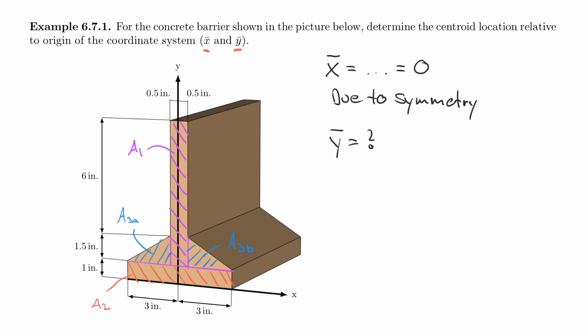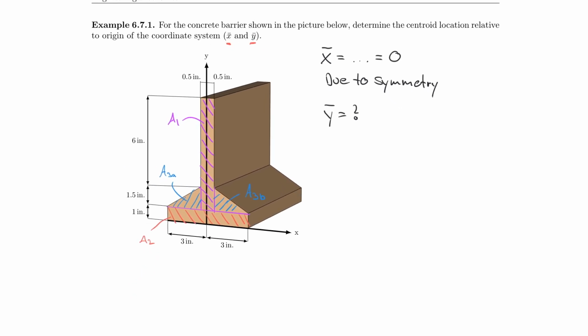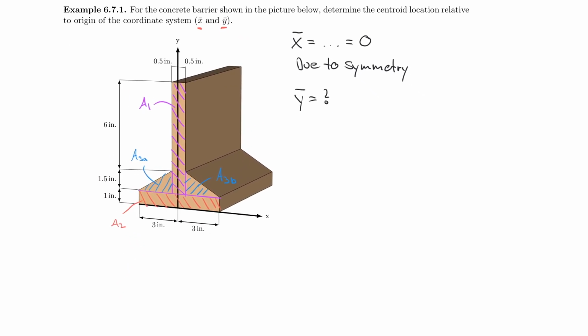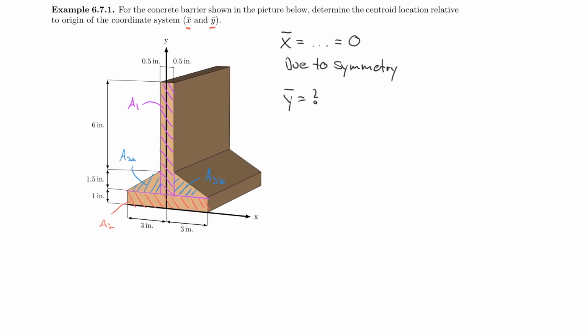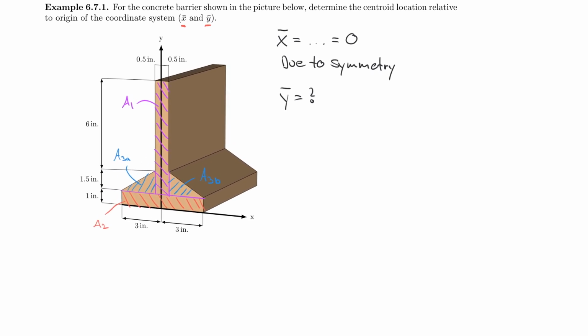And as I promised you, I will do this now with the tabulated method, which again is not always a good way, but maybe we can use this to get ourselves familiarized with the tabulated method. So what do I need? Maybe I should write down the formula first. The formula that I usually have is the sum of y tilde i A i divided by the sum of A i.